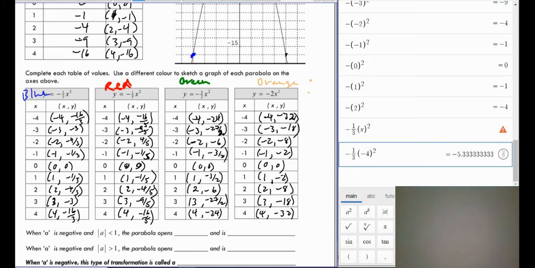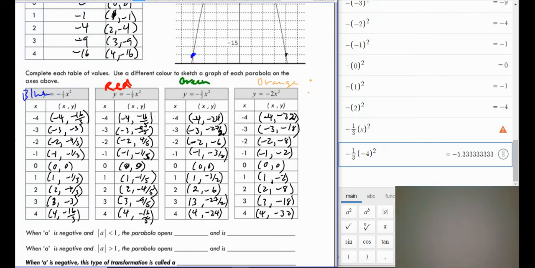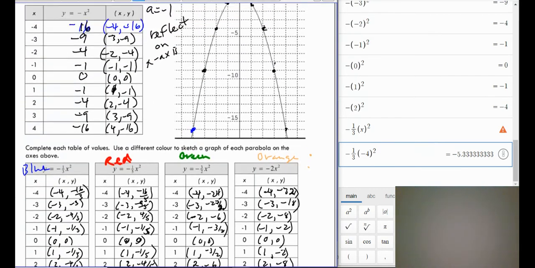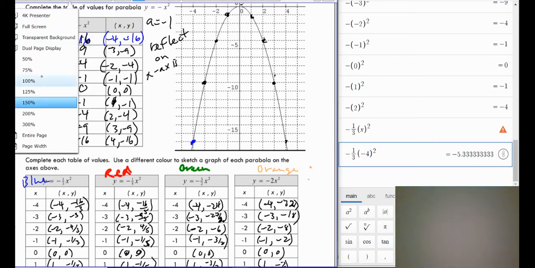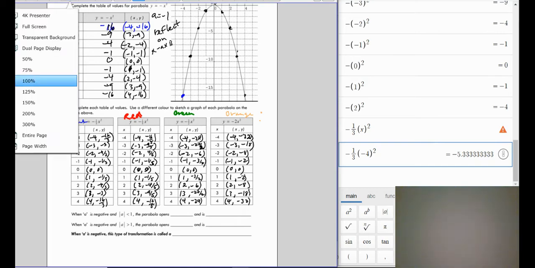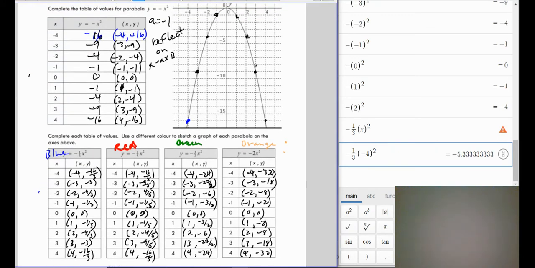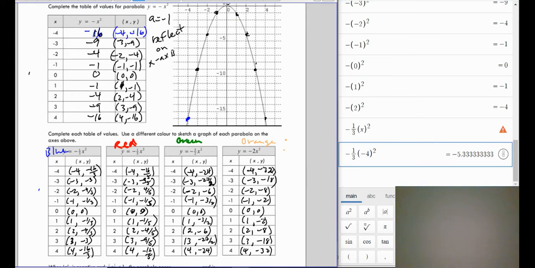So if we go to our blue table and we want to plot that, we'll have to shrink this a bit. Okay, so here we go. What's this going to be? We're starting at 0, 0 for our vertex.